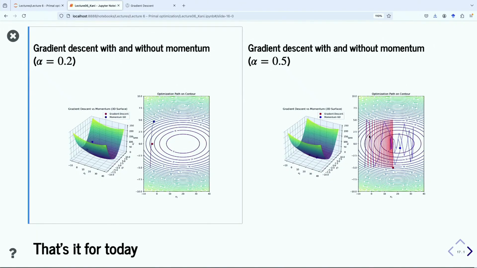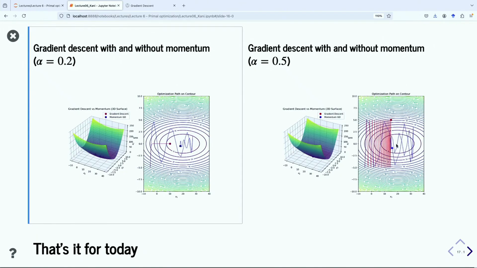But with momentum, even though the learning rate is high, the velocity factor is helping dampen out the oscillations. The oscillations get bigger in one axis direction, but it also helps the variables get to their optimal point.